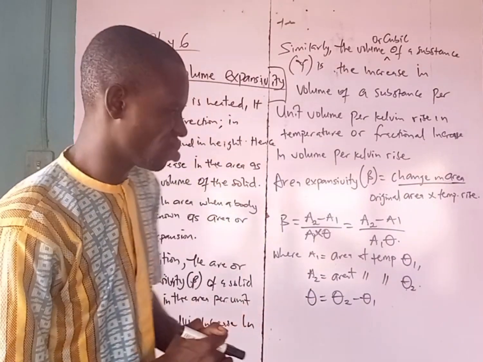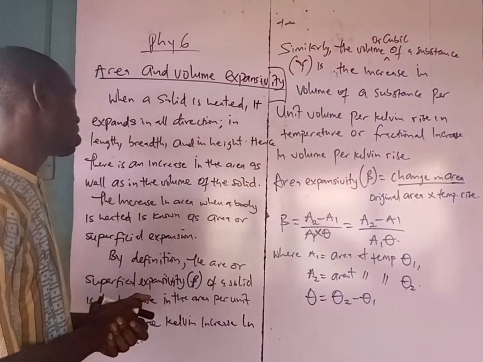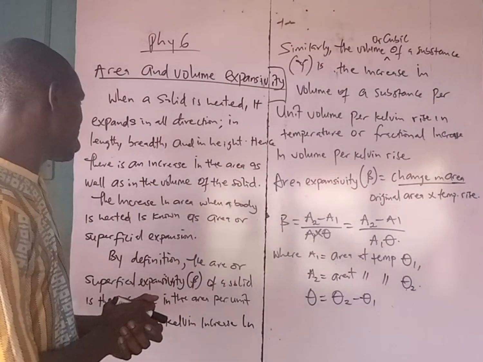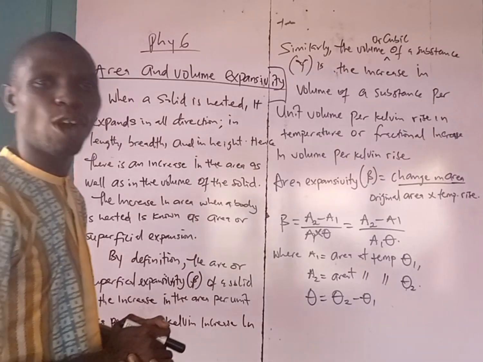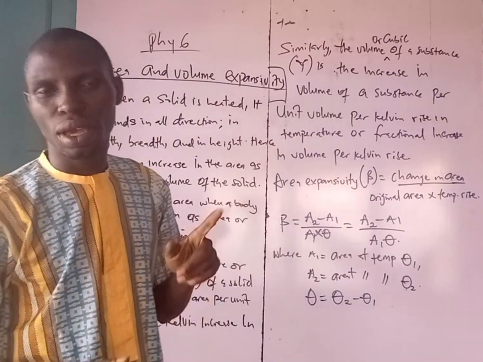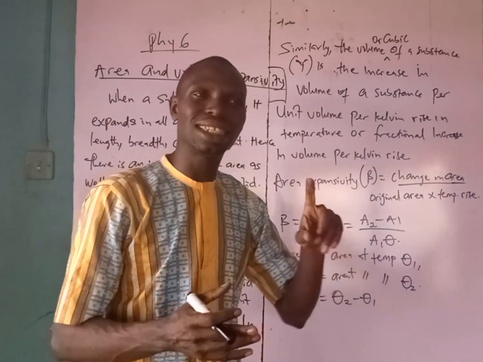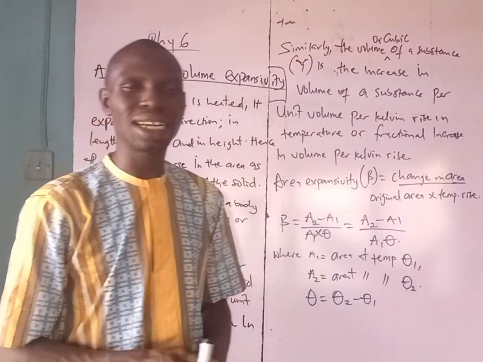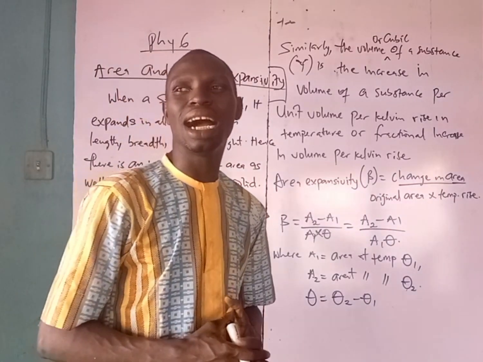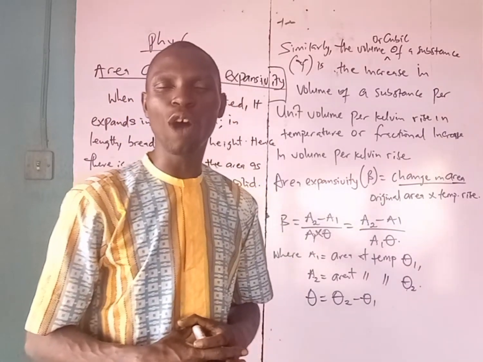Once the length increases, the height will increase. If there is an increase in height, length and breadth, then there should be an increase in the area and in the volume.